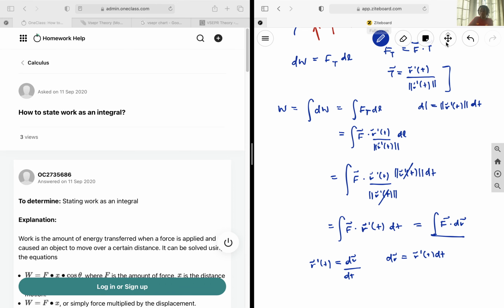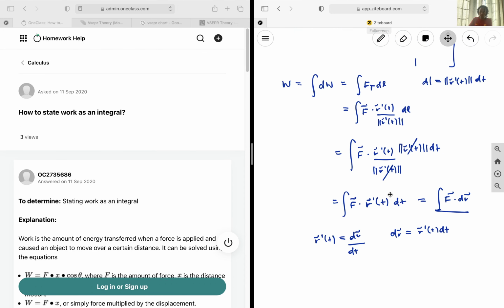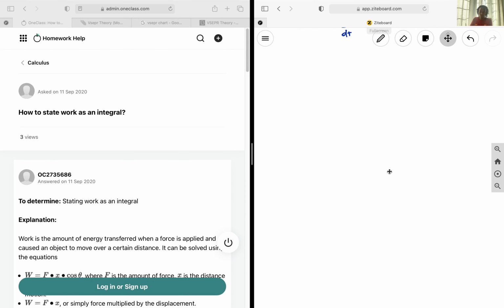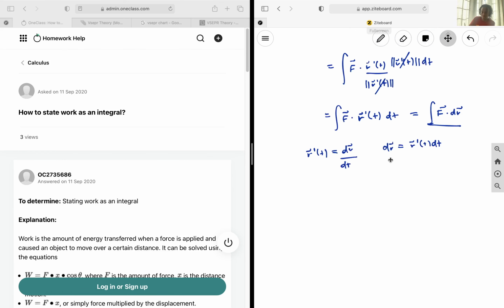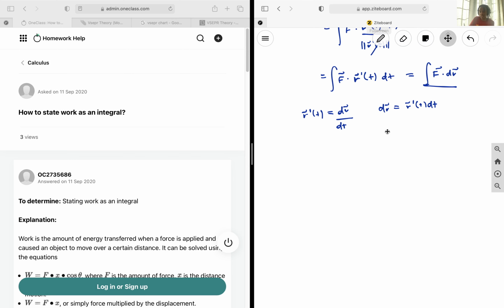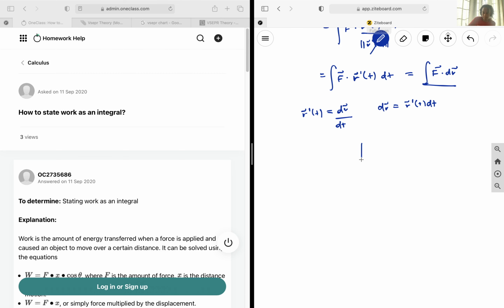And so a really good example question for this is, as I mentioned, a rocket trying to escape Earth's gravitational pull. So we're going to use this equation that we've derived to find out how much work is done during that process as the force is changing. So as a quick sketch, we have this as our space, and let's draw the Earth here.